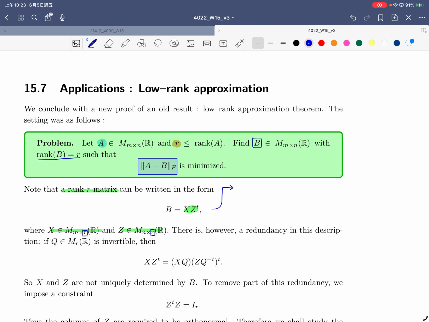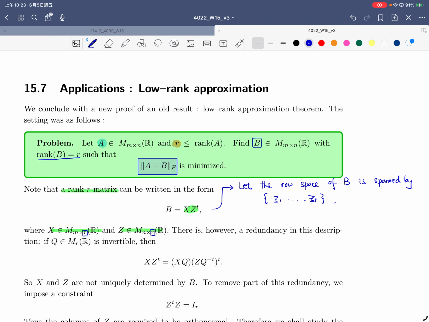So let's look at the row space of B. The row space of B is spanned by, let's say, because this is rank R, you just need R column vectors to span the row space. So z1, z2, up to zR. So this is rank R, so I just need R vectors to span the row space.